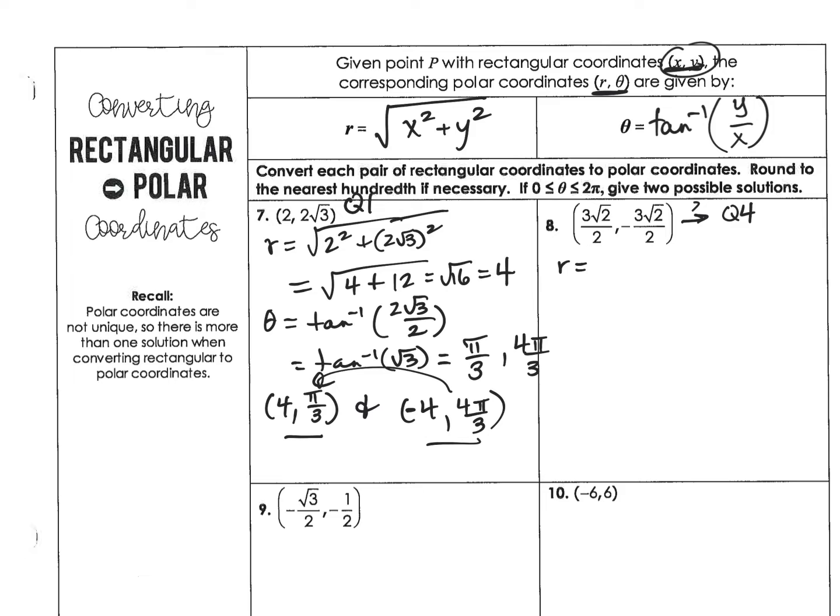So r, 3 root 2 over 2 squared, negative 3 root 2 over 2 squared, 9 times 2 is 18 divided by 4. It's another 18 over 4, right?